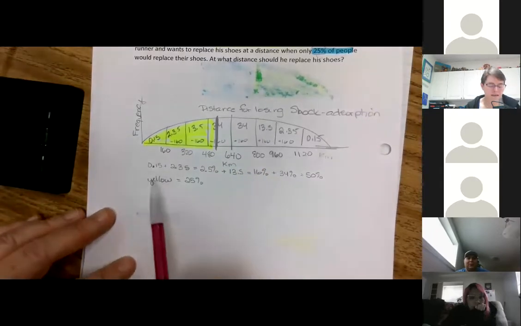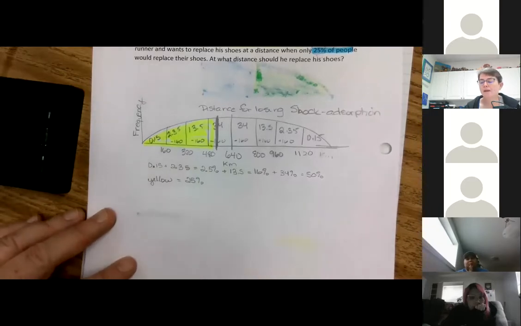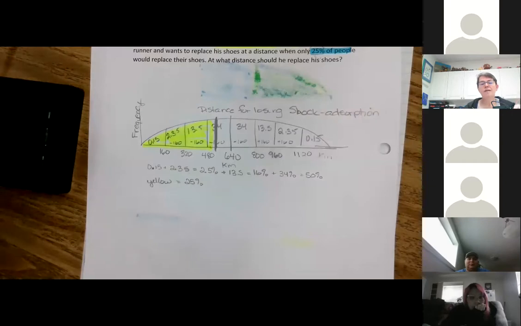So in case I lost anybody, what I was doing here is just trying to get an idea of where I should draw my line. Before we had numbers and we went to percents. Now we're starting with a percent.